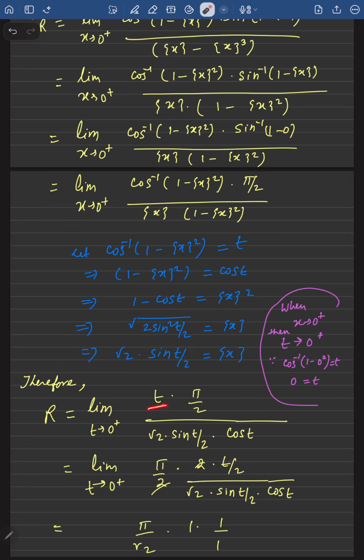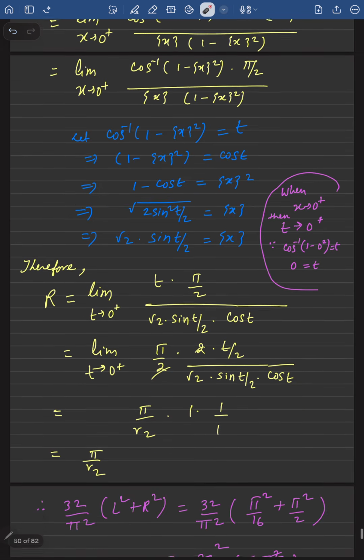So here we have to make one substitution, 2 and t by 2. Next, this 2 and this 2 get cancelled, t by 2 upon sin t by 2 into cos t. When t tends to 0, cos 0 is 1, so no problem here. This gives you 1, t by 2 upon sin t by 2, when t tends to 0. So now you can see that pi upon root 2 is your final value, because root 2 is remaining.